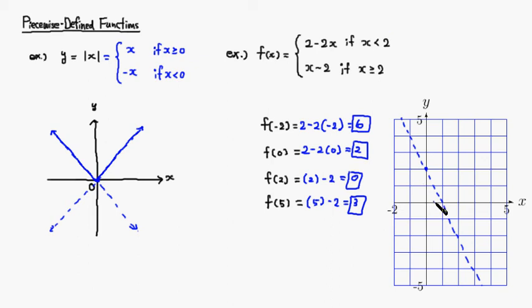So x is 2 right here, and since it's a strict inequality, we put an open circle here. Then we keep the graph right here.